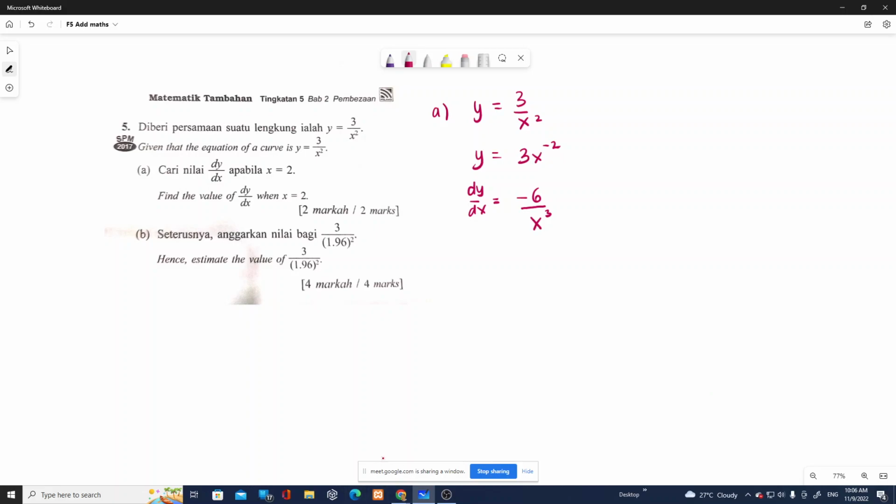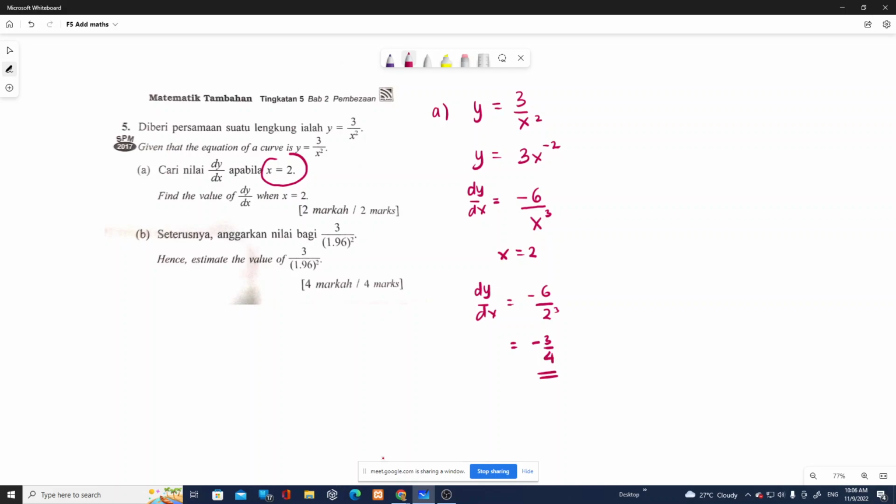Then they want you to know what the value is when x equals 2. So you need to substitute x equals 2 here. So your value of dy over dx would give you negative 6 over 2 cube, which is 8. So negative 6 over 8, you simplify, becomes negative 3 over 4.